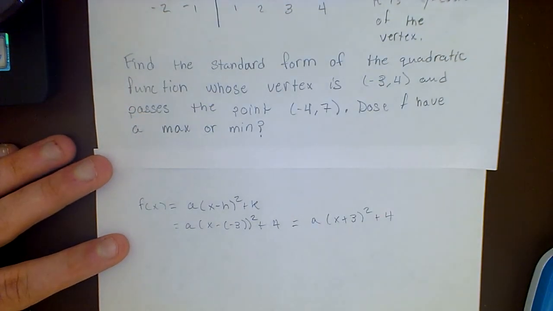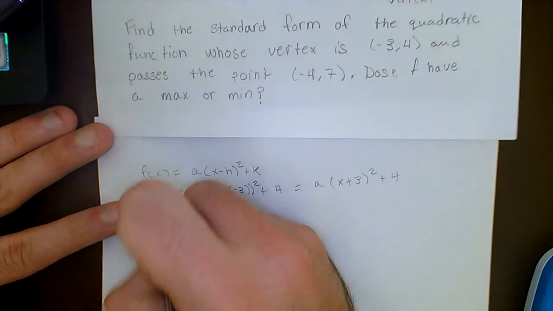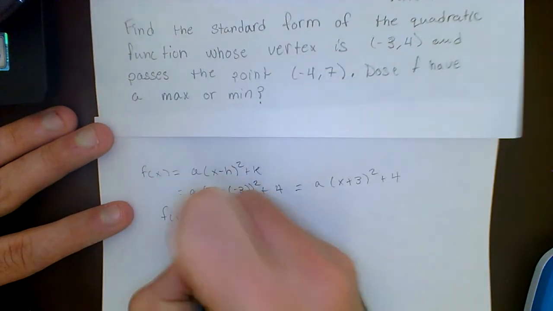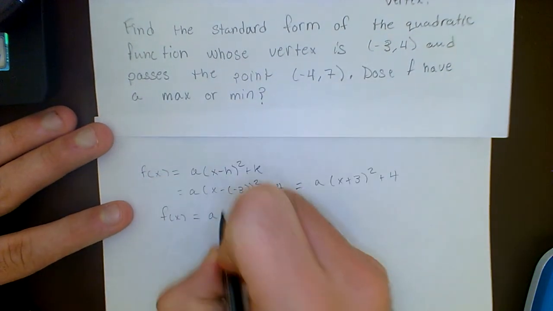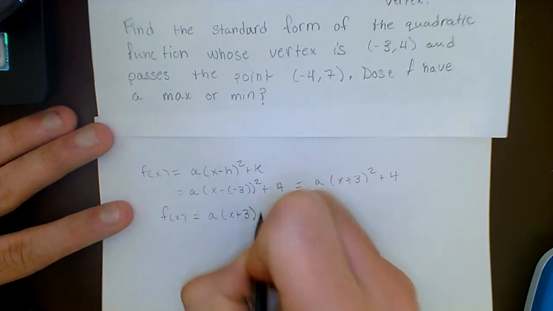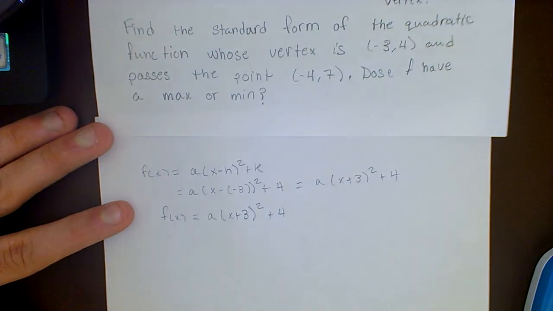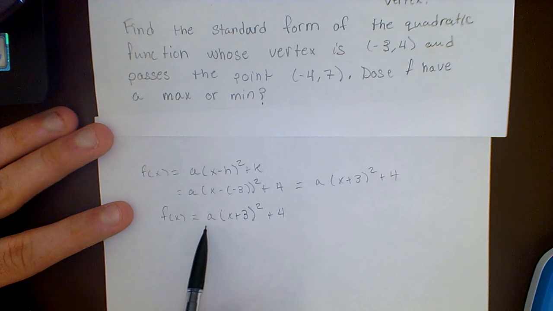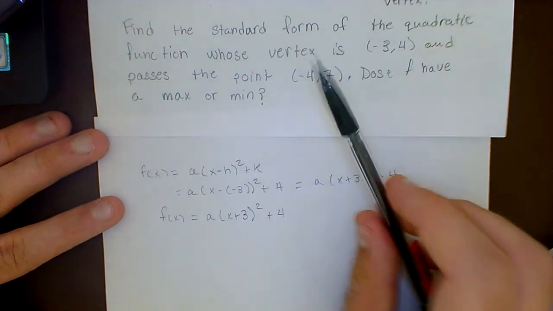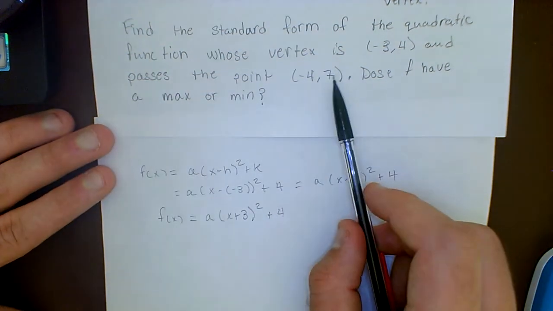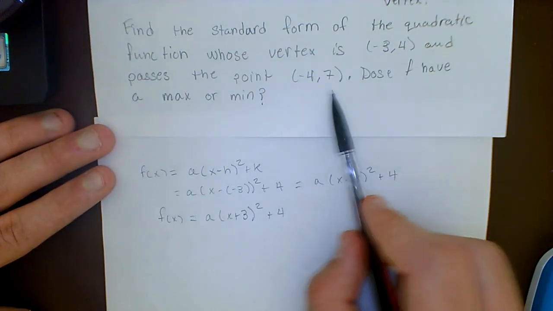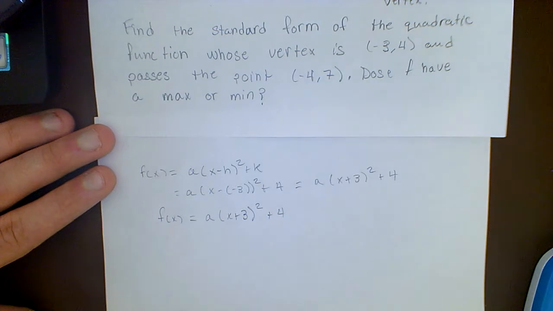Okay? So let's recopy that down here. f of x equals a times x plus 3 squared plus 4. Now we need to figure out what a is somehow. But they give us one more piece of information that lets us figure that out. It says it also passes through this point -4, 7.